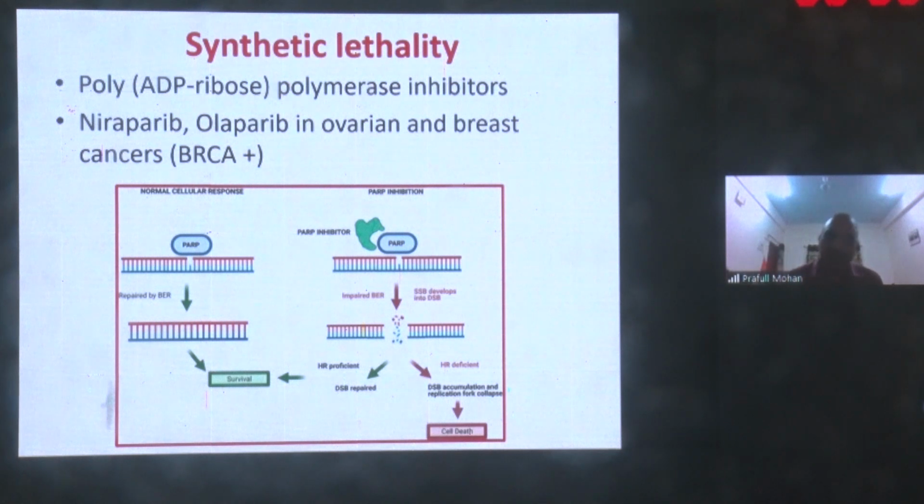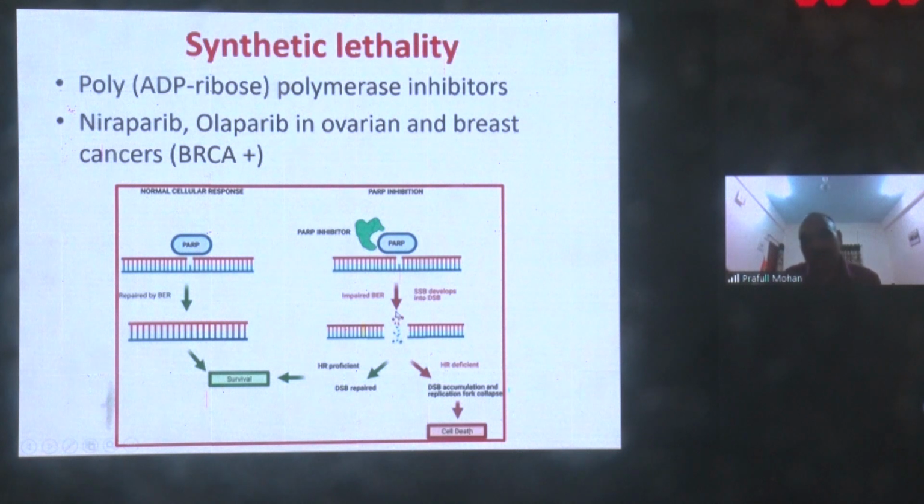So on your left hand side is the normal cell response, where a single stranded DNA break will be repaired by PARP by something known as the base excision repair, and the cell survives. Now, if you inhibit this PARP, this single stranded DNA break goes on to develop into a double stranded DNA break. It cannot any longer be repaired, of course, since you have blocked the PARP.